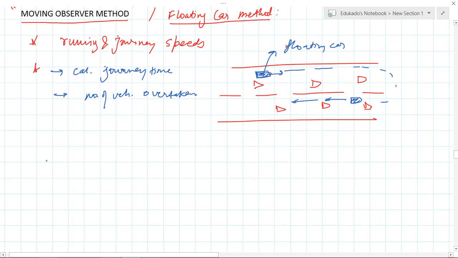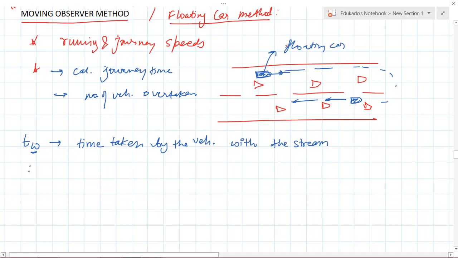Like if I say TW, it is the time taken by the vehicle when it is moving with the stream, like it is going from here to here. So how much amount of time is taken is TW. W represents with the stream.